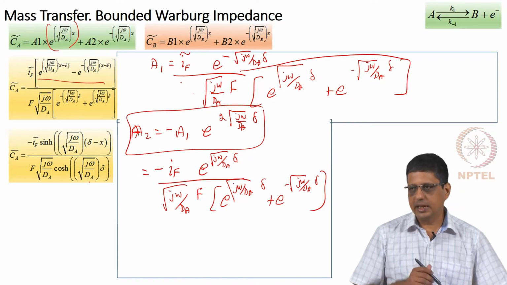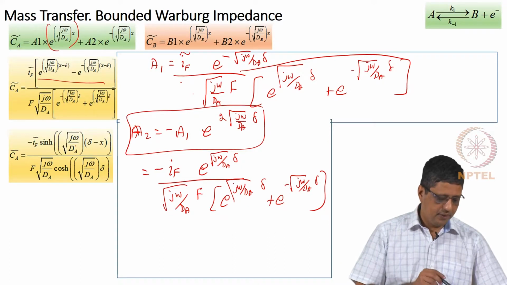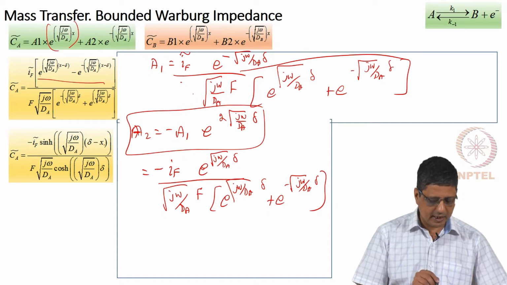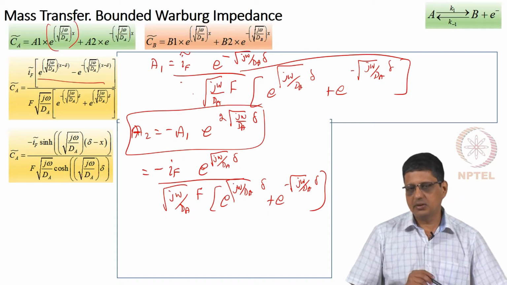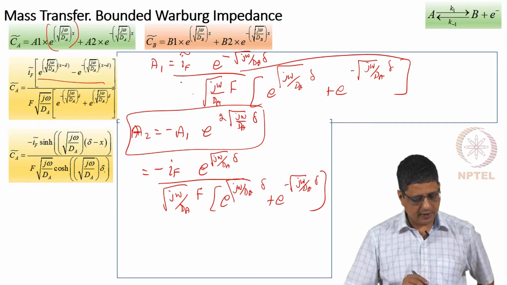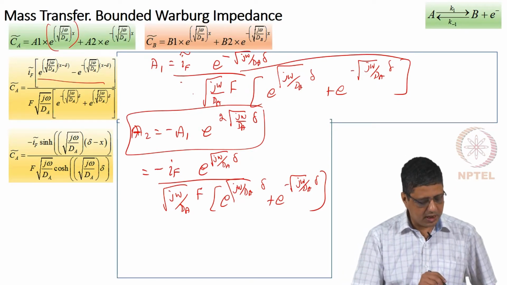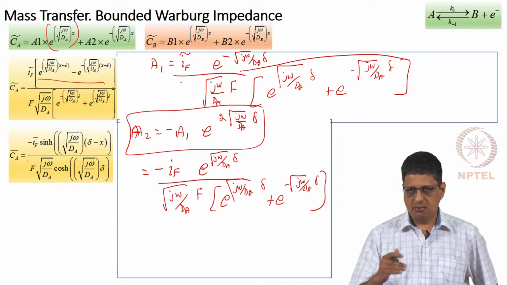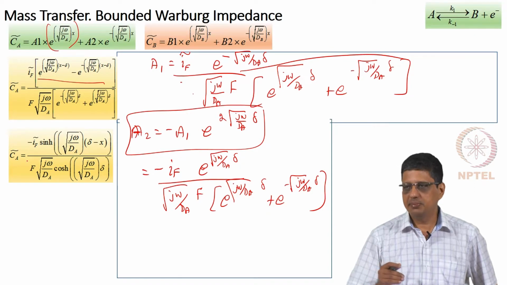So, the factor of 2 cancels out. I would get IF tilde sinh, the numerator has delta minus x, denominator has cosh with the delta factor, and then of course, you have 1 by j omega dA for the concentration of A. So, it needs careful algebraic rearrangements, but that is enough.